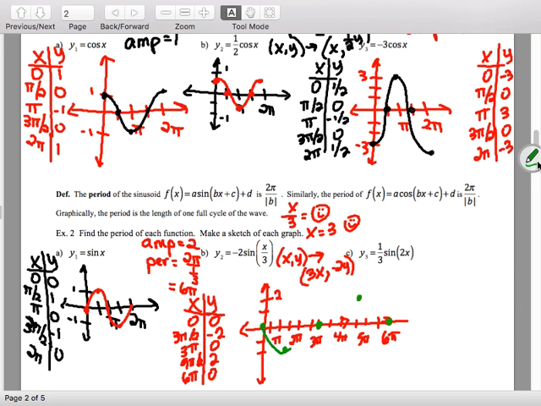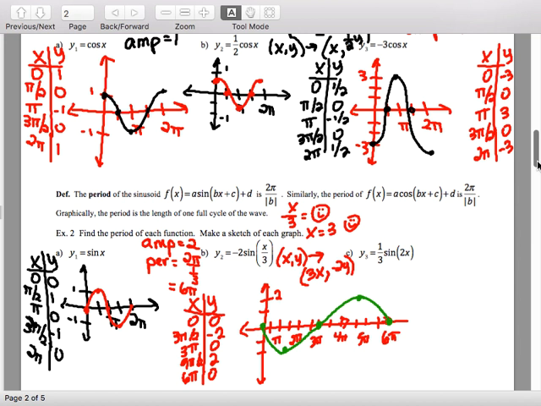Try to think of it like that. What's the range on this one? What are the y values? -2 to 2.